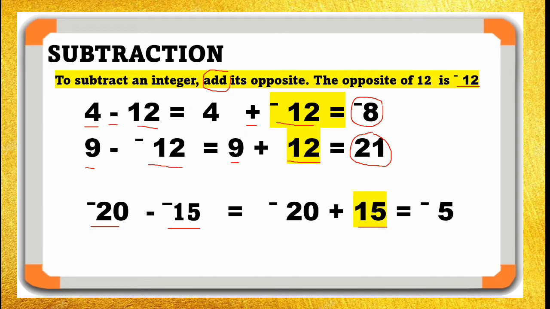So here, negative 20 plus 15 equals negative 5. So why negative 5? Because they have unlike signs, negative 20 and positive 15. Now you take the sign of the greater value, which is negative 20. Okay, got it, class?